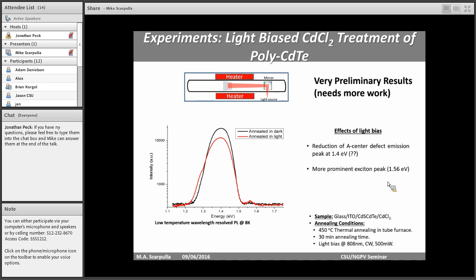And then there's also a more pronounced separated donor-acceptor pair related peak down around 1.25 to 1.3 eV, which might suggest that these donor-acceptor pairs are staying spatially further apart rather than forming those A-centers.